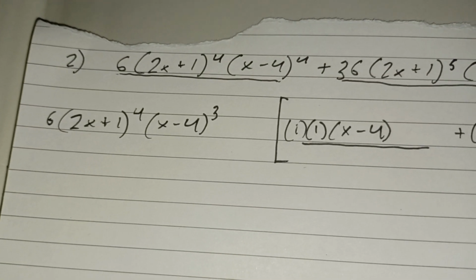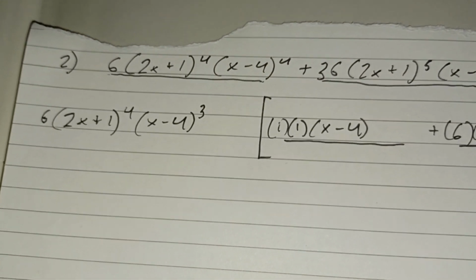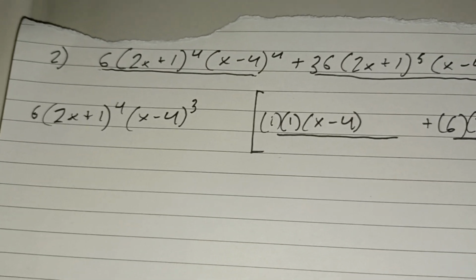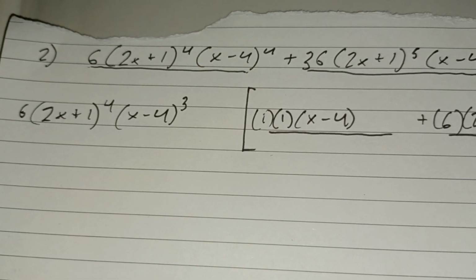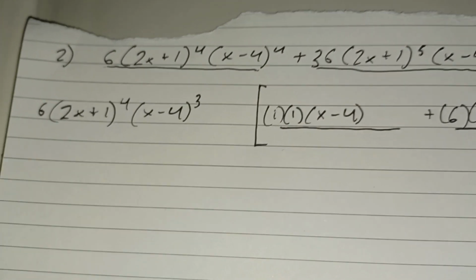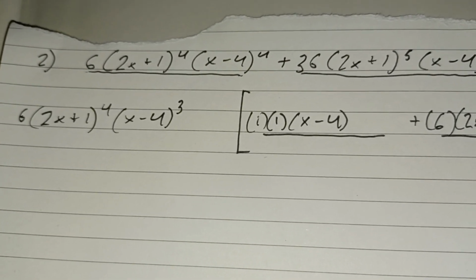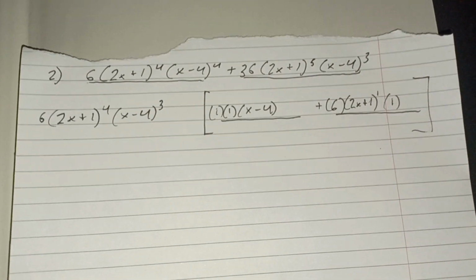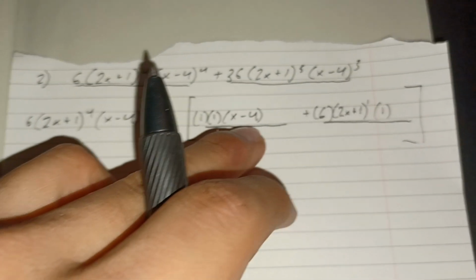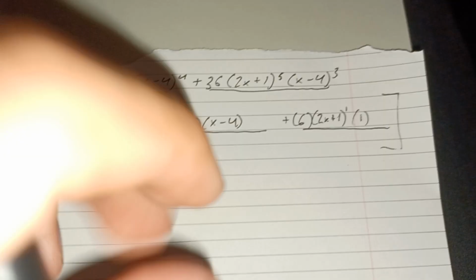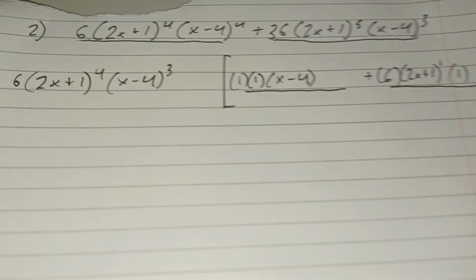And let's go ahead and check out our work before we move on. I'm trying to see if I made a mistake here, but so far everything looks good. So again, same rule applies. Multiply these together, multiply that together, add them together. That's basically it.